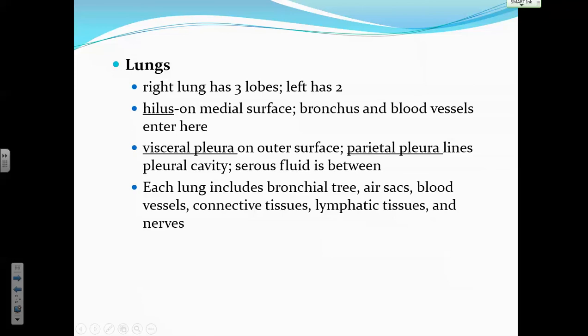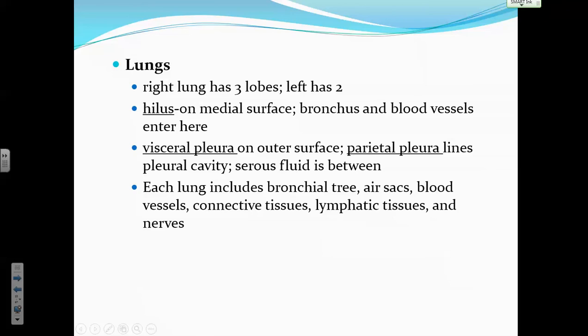All of that makes up the lungs. The medial surface of each lung is called the hilus. That's an indention, a concave area on the medial surface, and that's where everything penetrates it: the blood vessels, the bronchi, nerves.